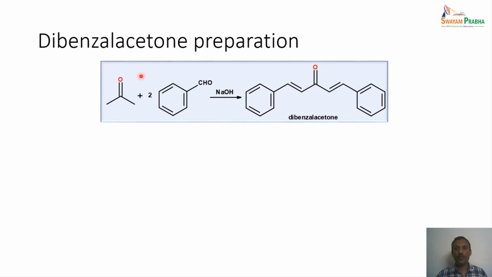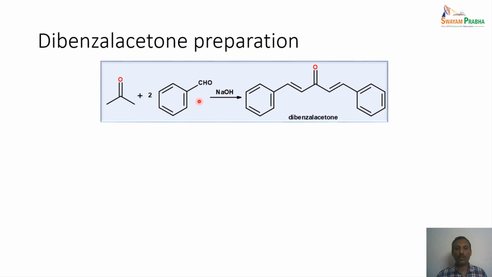Now this Claisen Schmidt condensation has been used in various synthetic processes. The first one is the dibenzyl acetone formation. As we mentioned earlier, if the starting carbonyl compound has more than one alpha hydrogen, the reaction can happen multiple times.